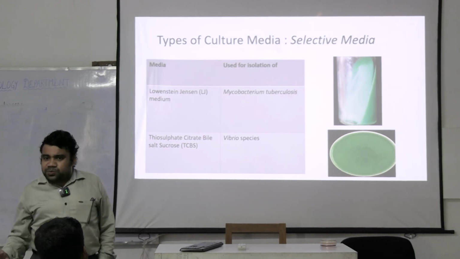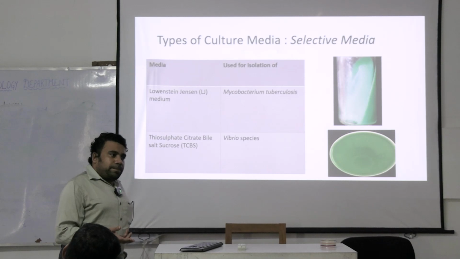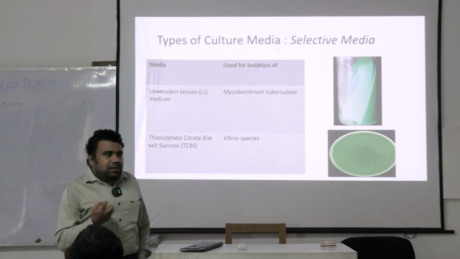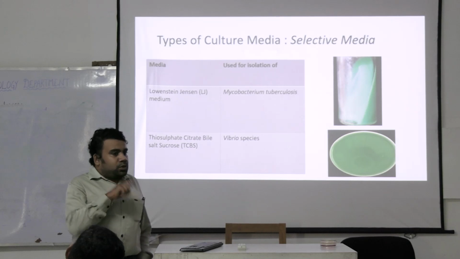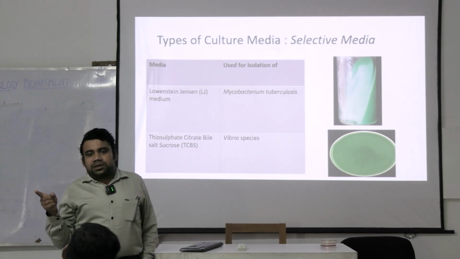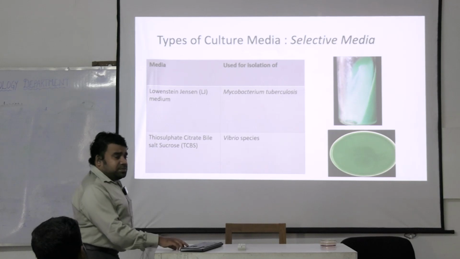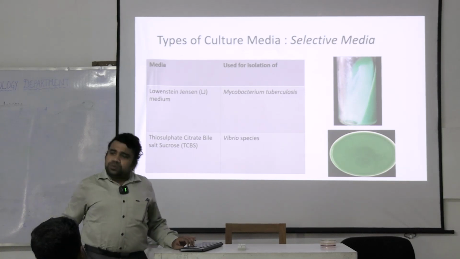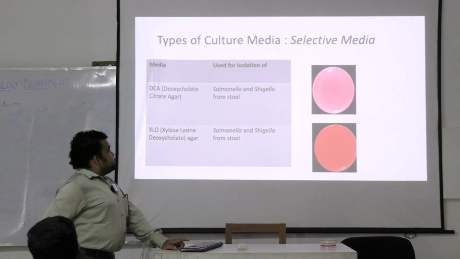Now, when the patient gives the sputum, some of the bacteria of the oral cavity will come. So, we need something in the media which will inhibit the oral bacteria but will not inhibit tuberculosis bacilli. Some of the antibiotics are used over there which makes it specific for Mycobacterium tuberculosis. So, this will be an example of selective media.